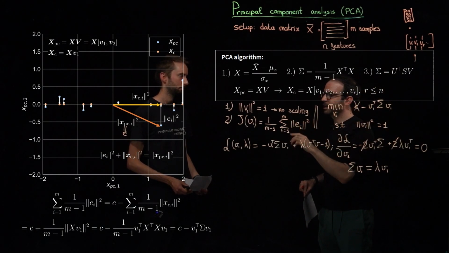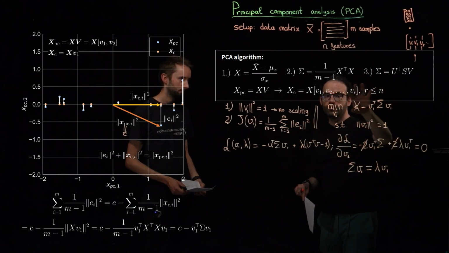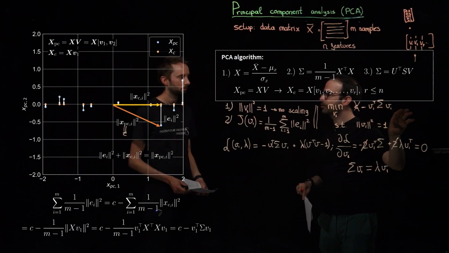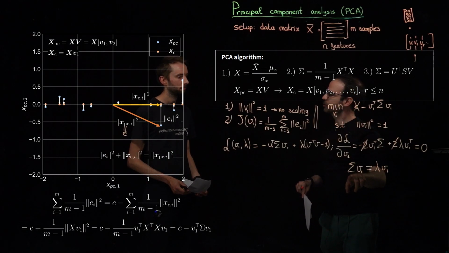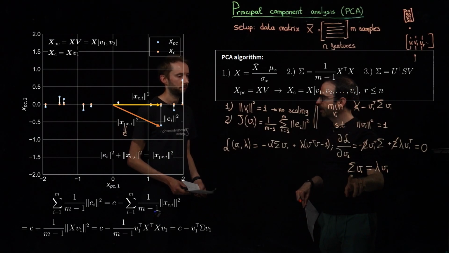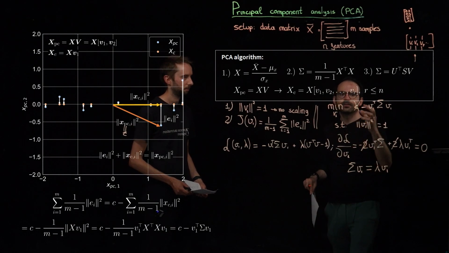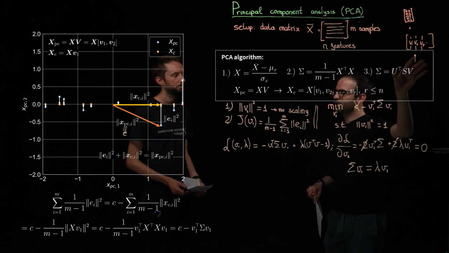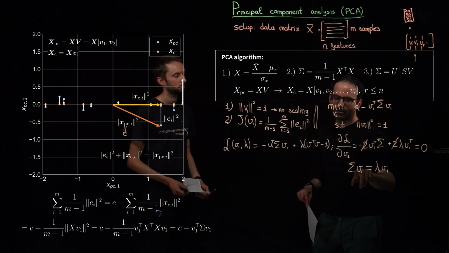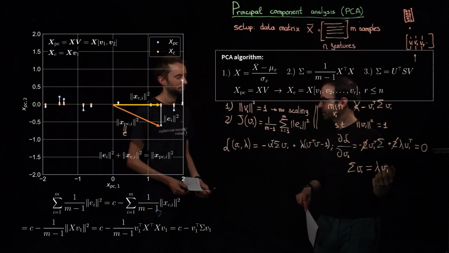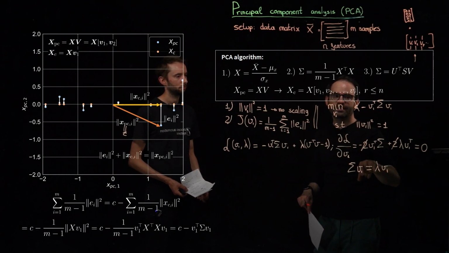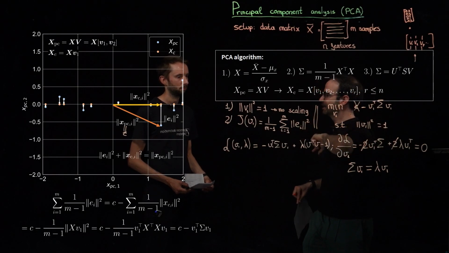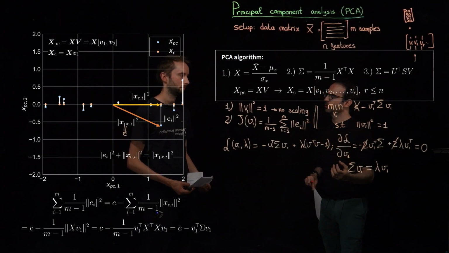So we know directly that the vectors that are minimizing or solving this optimization problem are eigenvectors of this matrix. This is the reason why it is reasonable to use the SVD decomposition here: these eigenvectors, together with their corresponding eigenvalues, are the ones solving this optimization problem, which means they are minimizing the error. That's the key point here.